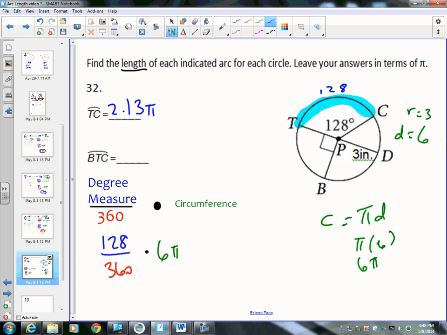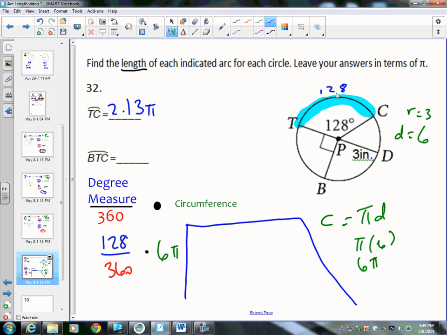And the arc BTC, I'm going to try and find a space to put this. Let's start right in here. BTC. Okay, we have a degree measure of, well, BTC. From B to T, all the way back around to C. So in order to find this, we need to know what arc BT is also.